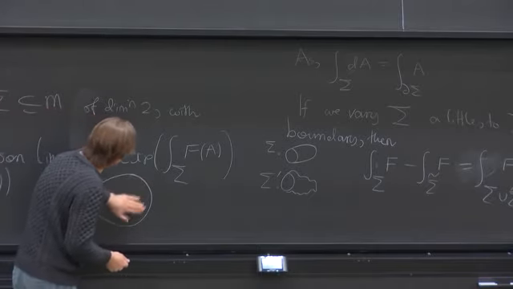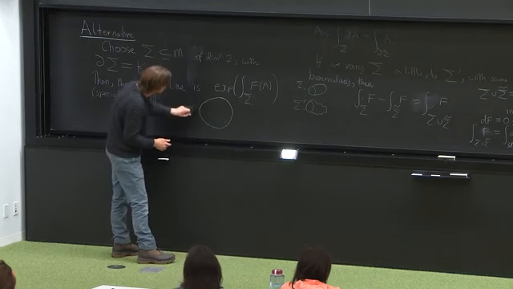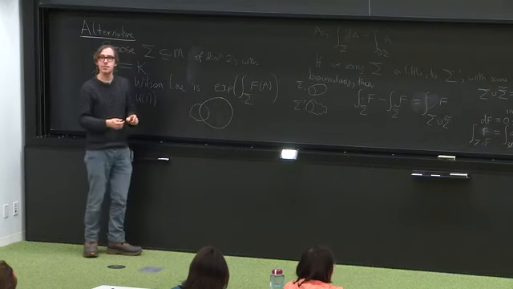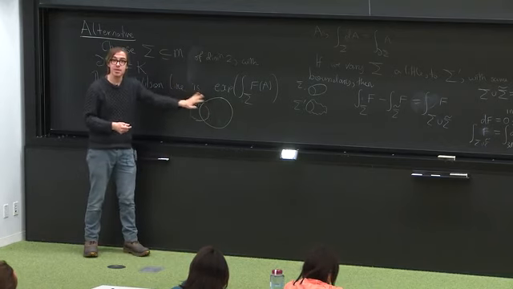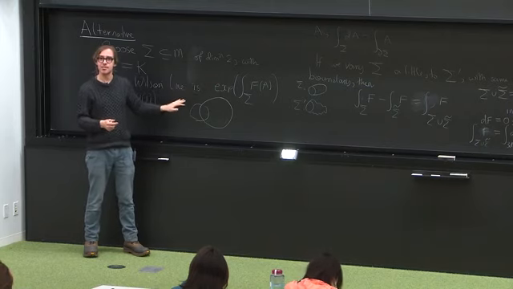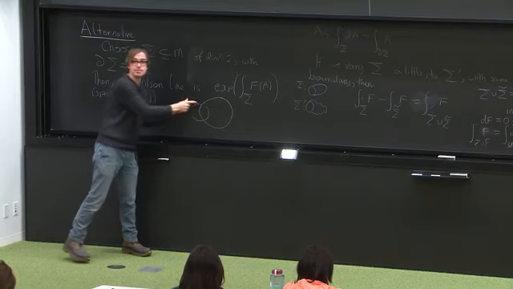But something interesting happens if I have two knots which are linked. If I treat one at a time, I can define an observable in this way, but I can't simultaneously make them trivial. So the correlation function between these two guys is non-trivial.